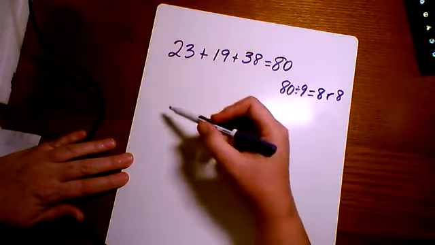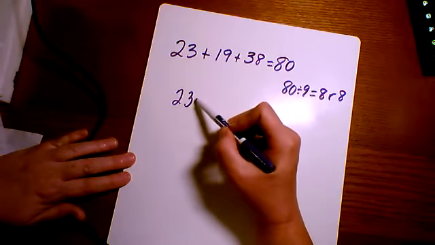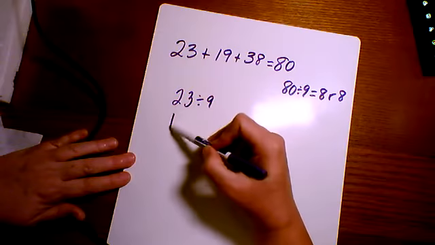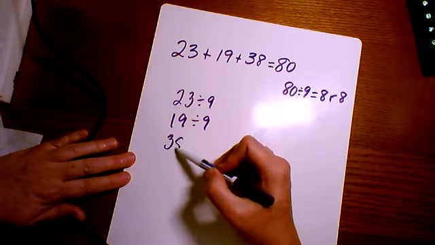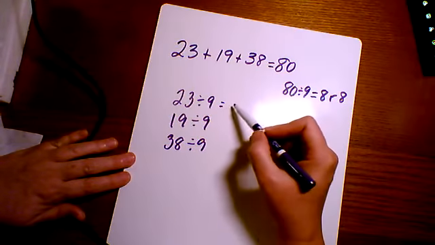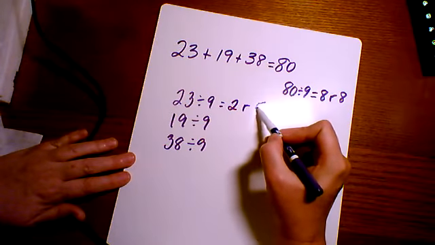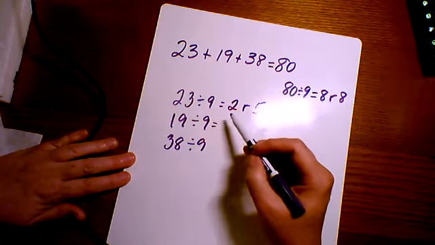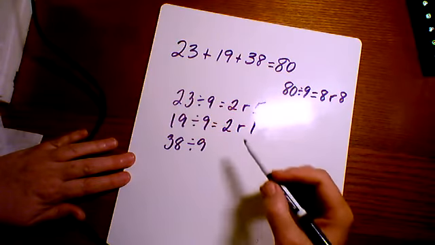Okay? So we could do it this way, or we could say, what's 23 divided by 9? What's 19 divided by 9? What is 38 divided by 9? So here we have 23 divided by 9 is 2, remainder 5. While 19 divided by 9 is 2, remainder 1.